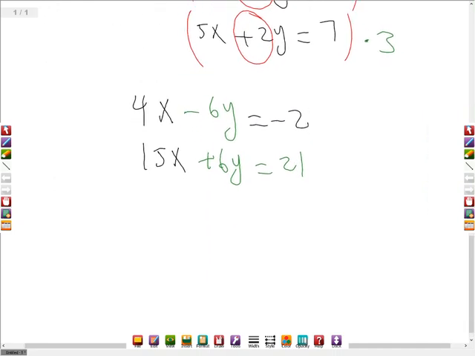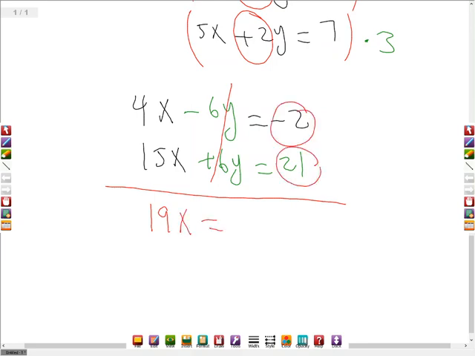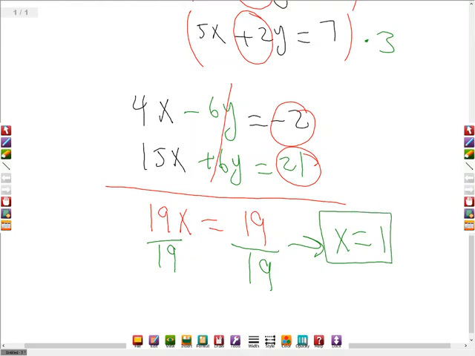The last step is to add. The y terms cancel, you see that? -6y plus 6y. 4x plus 15x is 19x. -2 plus 21 is 19. Divide both sides by 19. x equals 1. We found x.